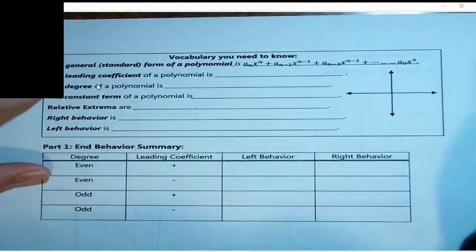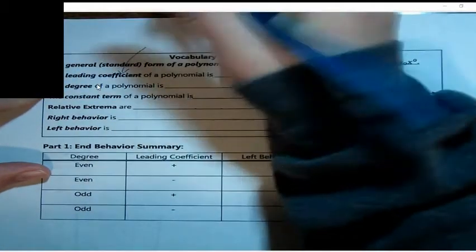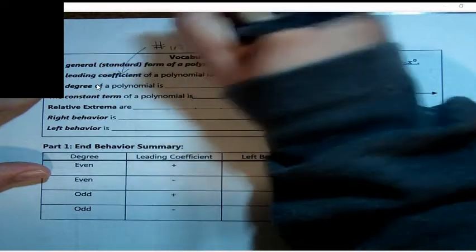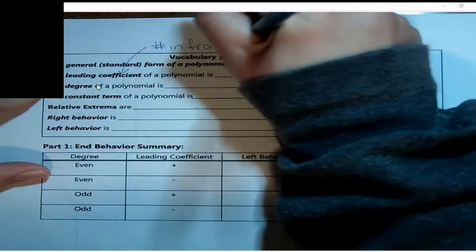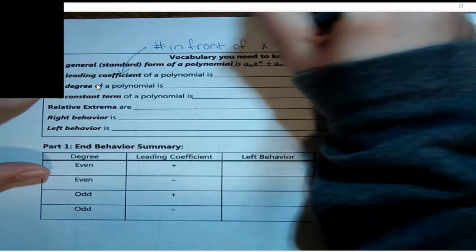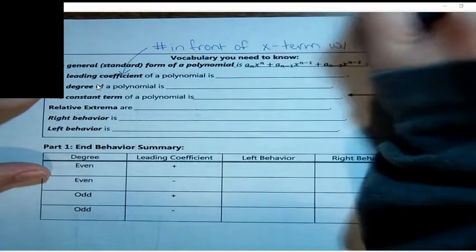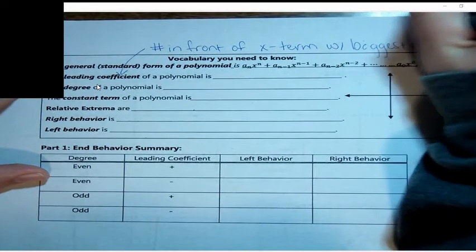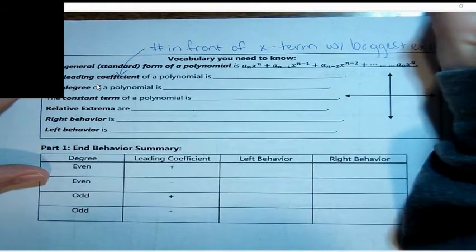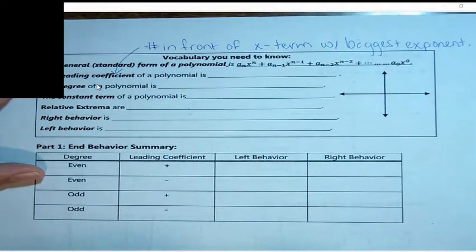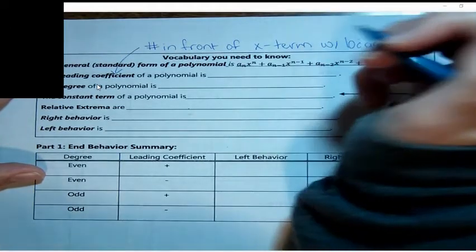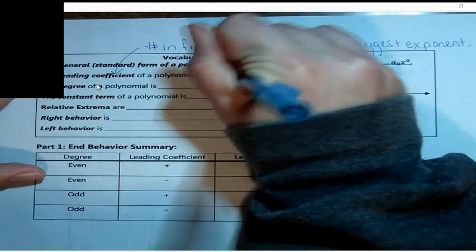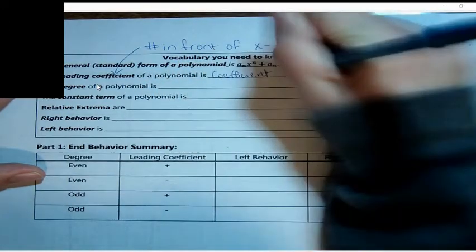Then it says the leading coefficient of a polynomial is, so remember that your leading coefficient is the number in front of the x term with the biggest exponent. Okay. And it's going to be the leading coefficient is the coefficient of the highest degree term.